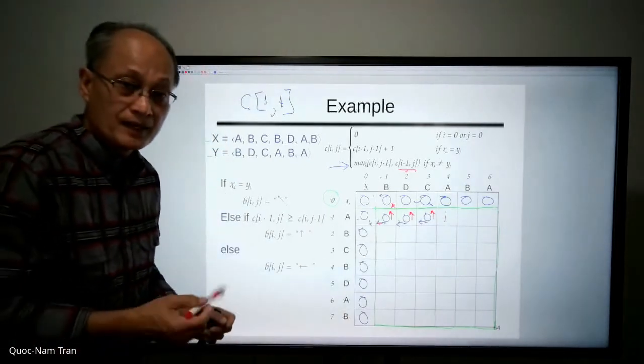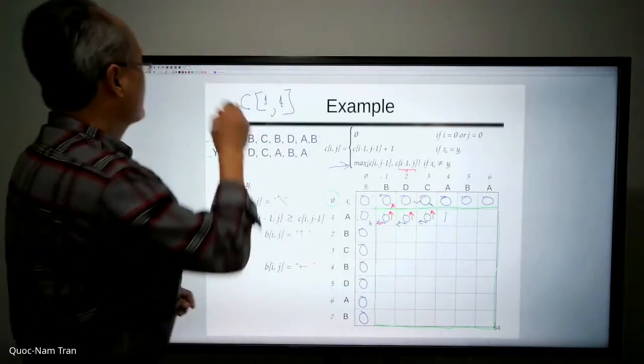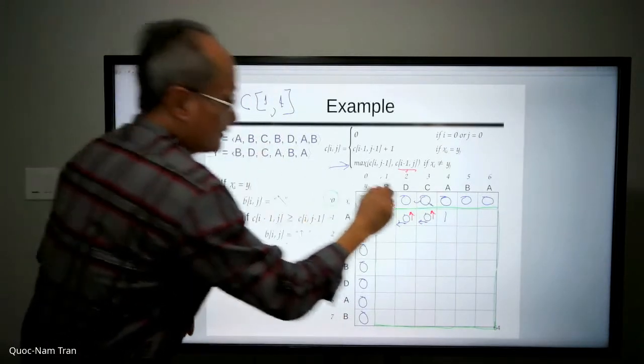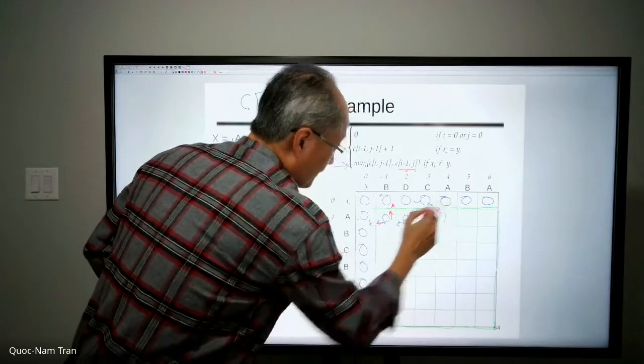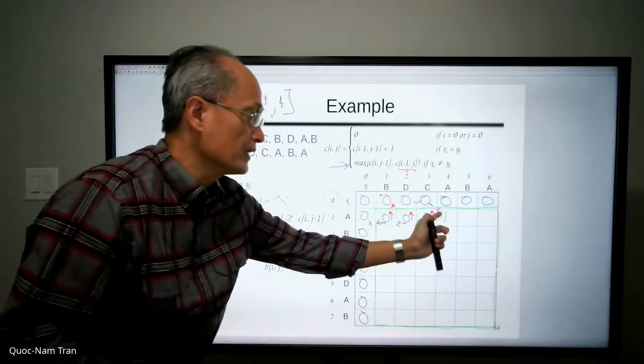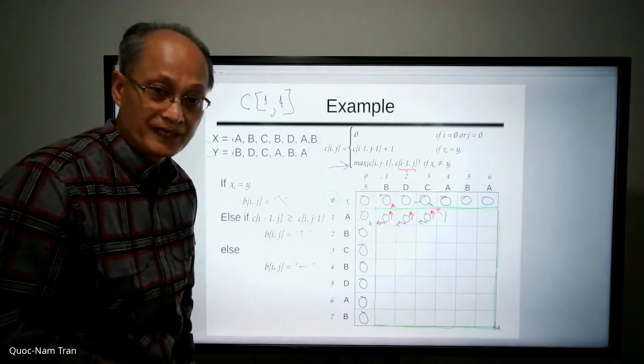It is from the previous diagonal, right? So we can use this arrow, saying that it comes from the diagonal, the previous diagonal value.